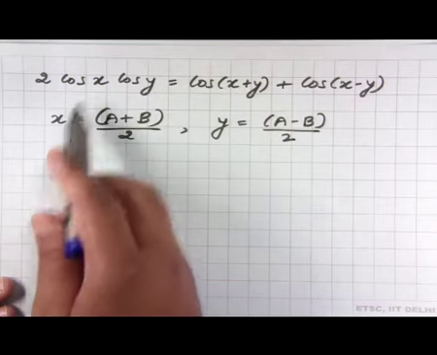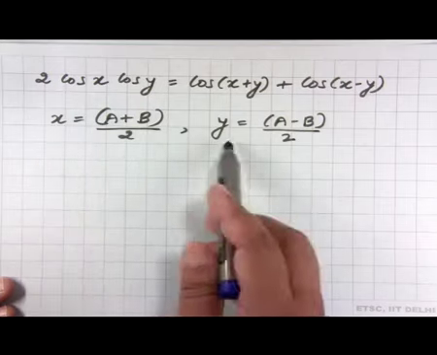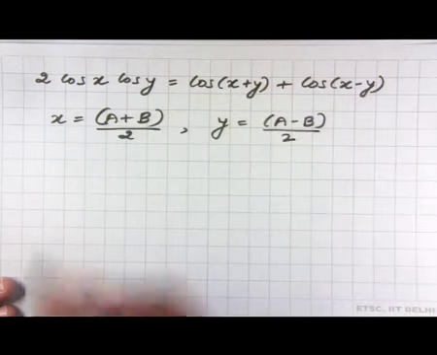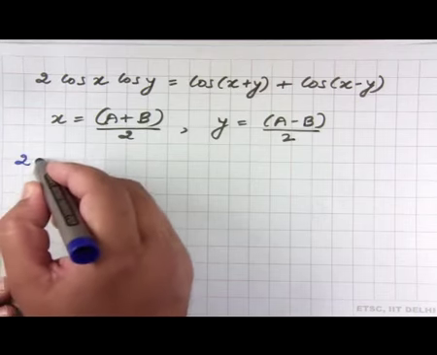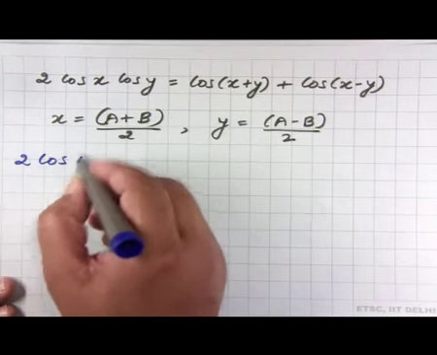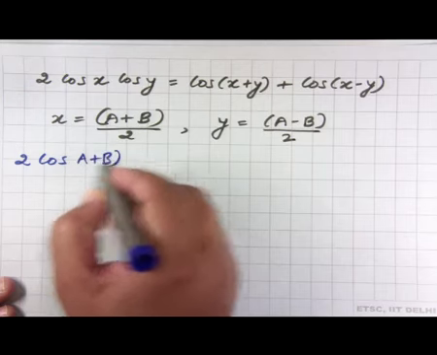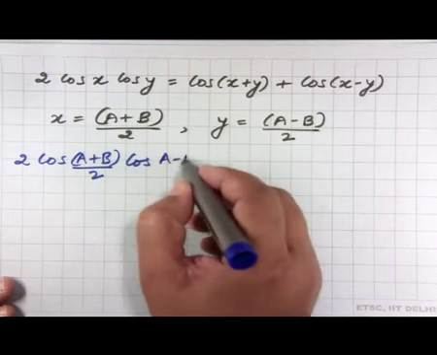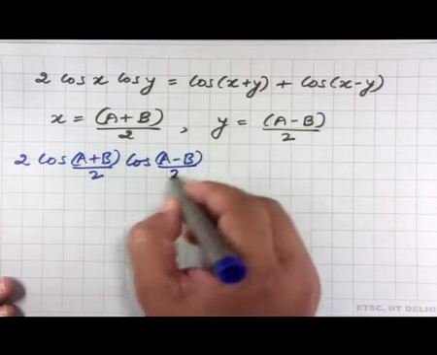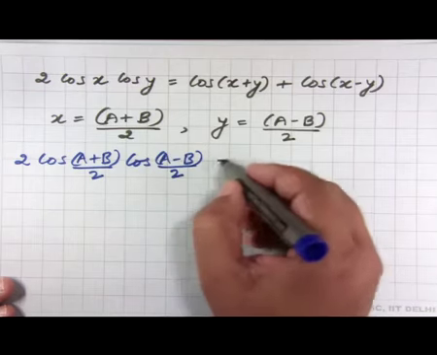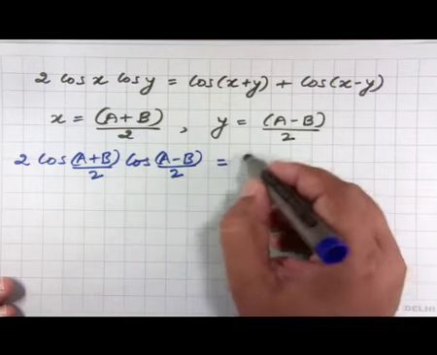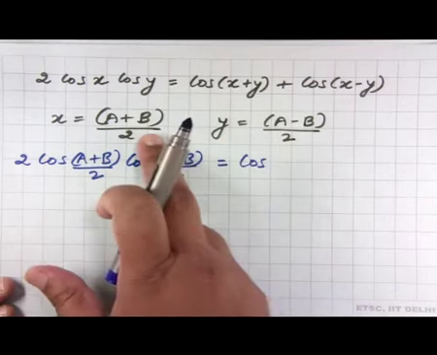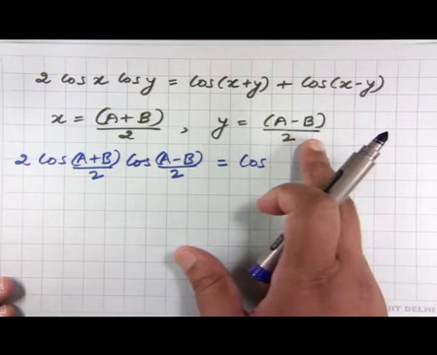So, if we substitute x with (a plus b) by 2 and y with (a minus b) by 2 in this equation, we end up getting 2 cos((a plus b) by 2) times cos((a minus b) by 2) equals, now x plus y is (a plus b) over 2 plus (a minus b) over 2, which is a.